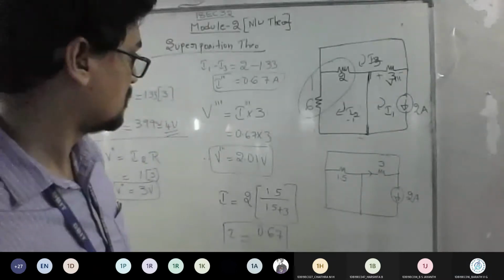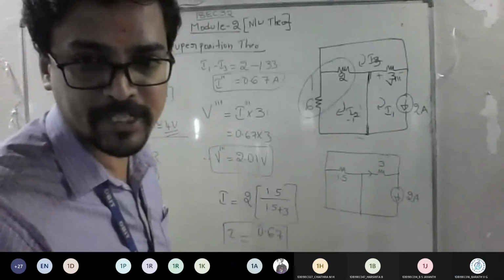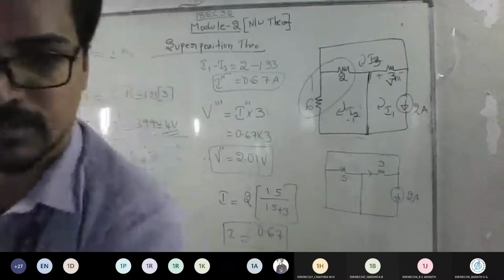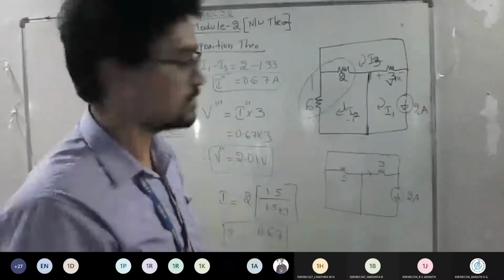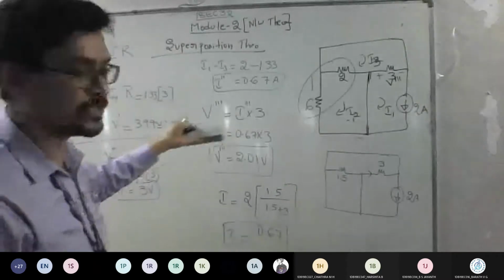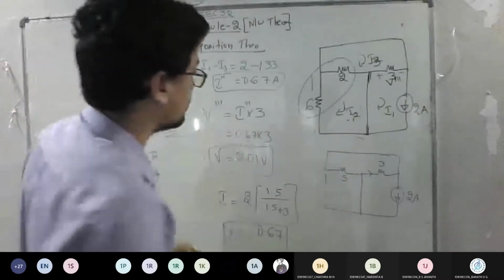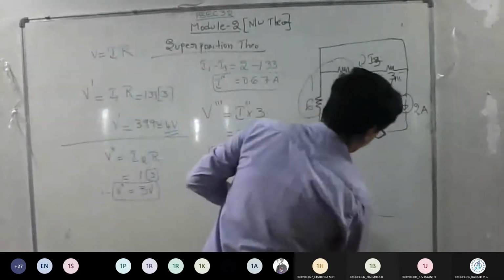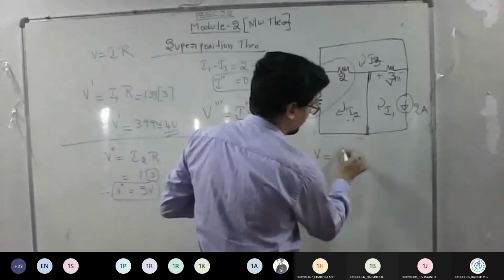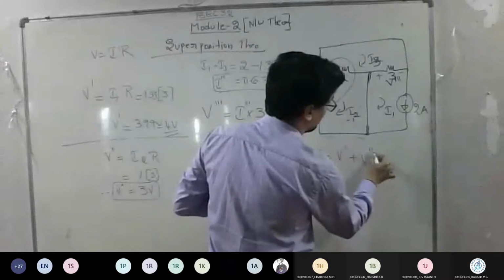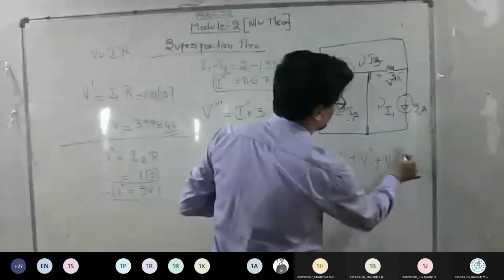So what is the thing I told you? Ultimately, we need to find the voltage across the 3 ohm resistor. So you found V1, V2, V double dash, triple dash. So ultimately, you need to find V. To find V, V is equal to V dash plus V double dash plus V triple dash.